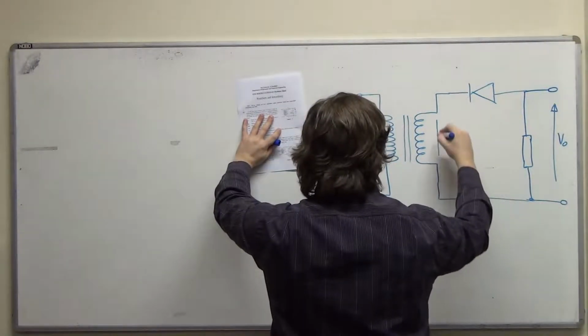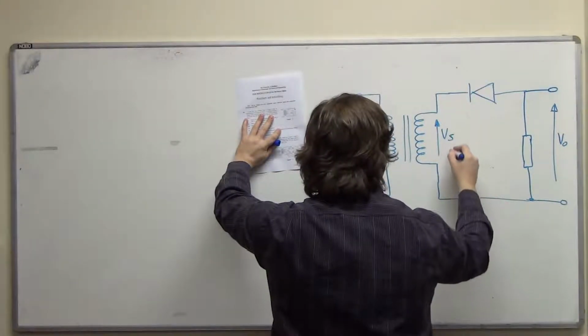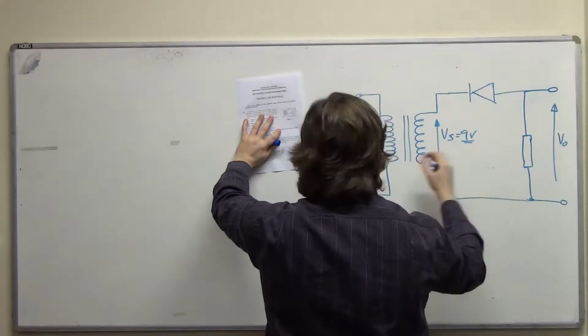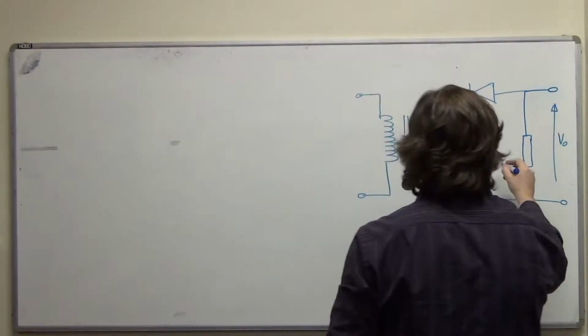And this is Vs, and it's 9 volts, and the resistor value is 100 ohms.